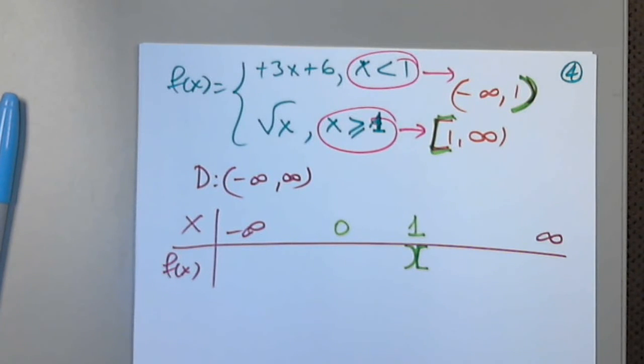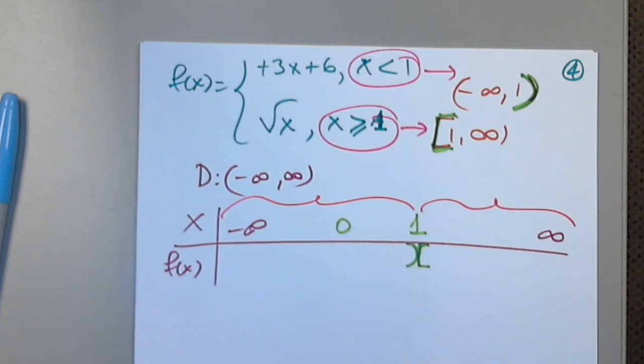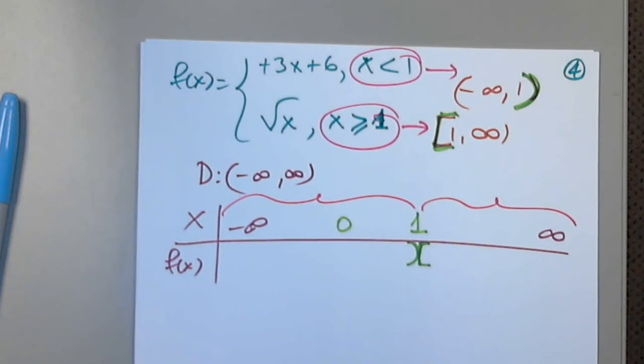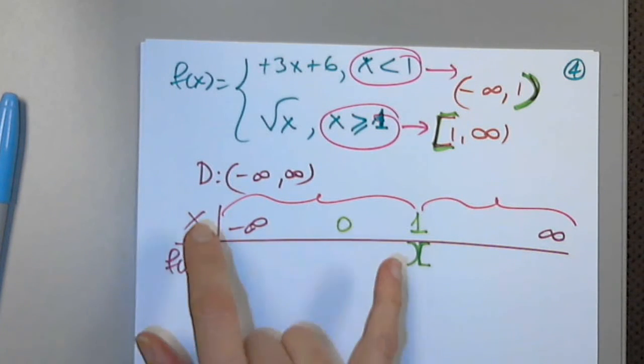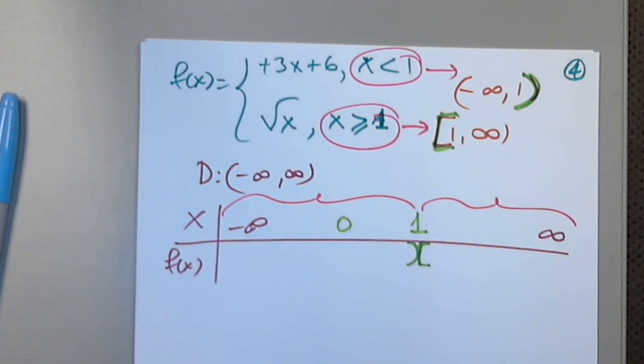I'm going to ask you a question now. I know it's an overkill, but it's better to see it and put it in there. These two branches may not be given in the correct order. So that's why I have to be careful when I write what I need to write. So for x values between negative infinity and 1, which particular function, which piece, which branch will I use?